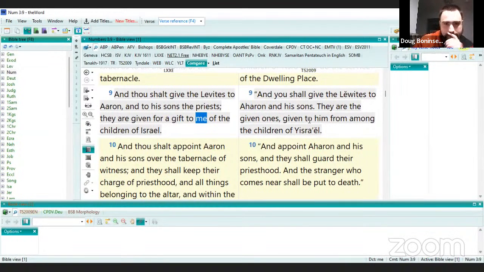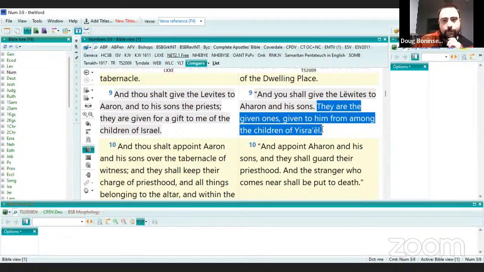So there's a little difference, it's almost like first person versus third person. It's almost like Yahuwah is verbatim speaking in first person to Aaron to tell them a commandment. So in the LXX version, it says they are given to me of the children of Yahshua, where in the Masoretic it would say, they are given to him from among the children of Yahshua.